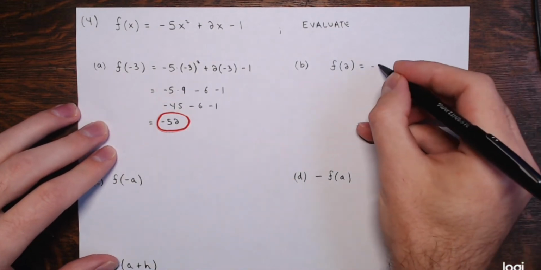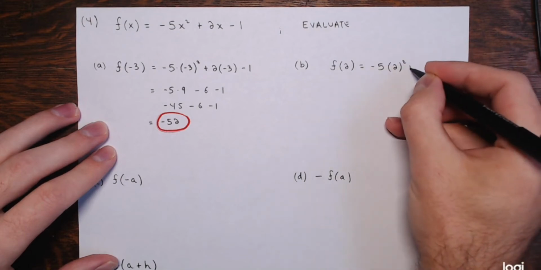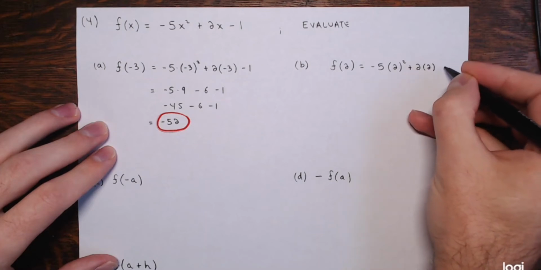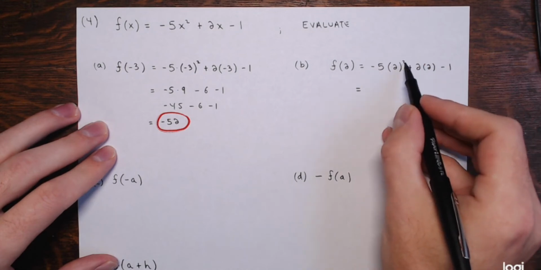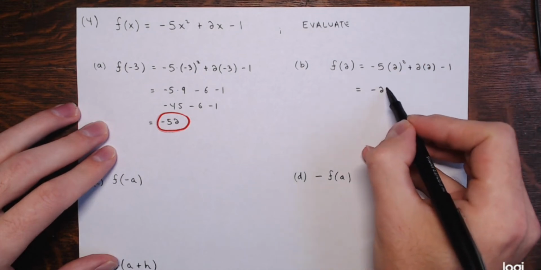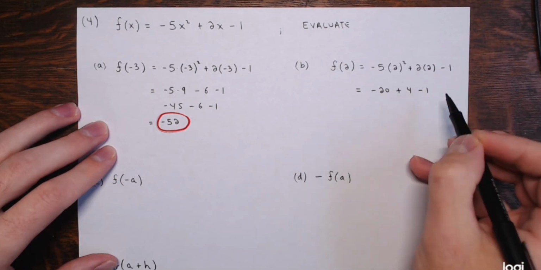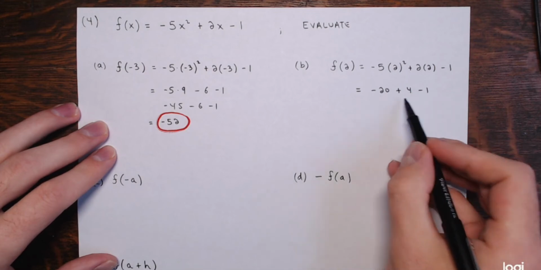So that's negative 5 times 2 squared plus 2 times 2, and then minus 1. So this would be 4 times negative 5, which is negative 20 for the first term, plus 4 for the second term, 2 times 2, and then minus 1. So that's negative 17 all told, negative 21 plus 4.